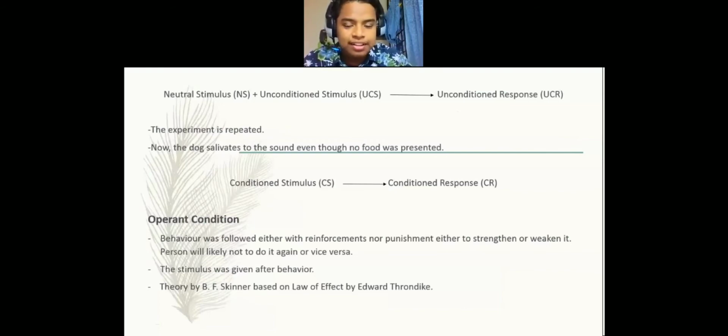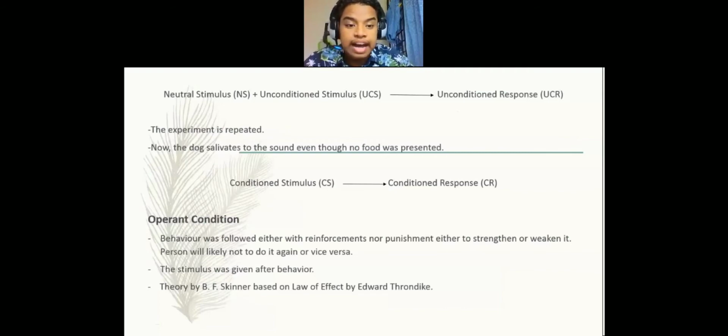Or, when we were still children, some of us, or maybe some of you in the audience, tried something without the parents' knowledge and then got punished for it. And what do we do after that? We don't dare to do it again. So that's what is called operant conditioning.